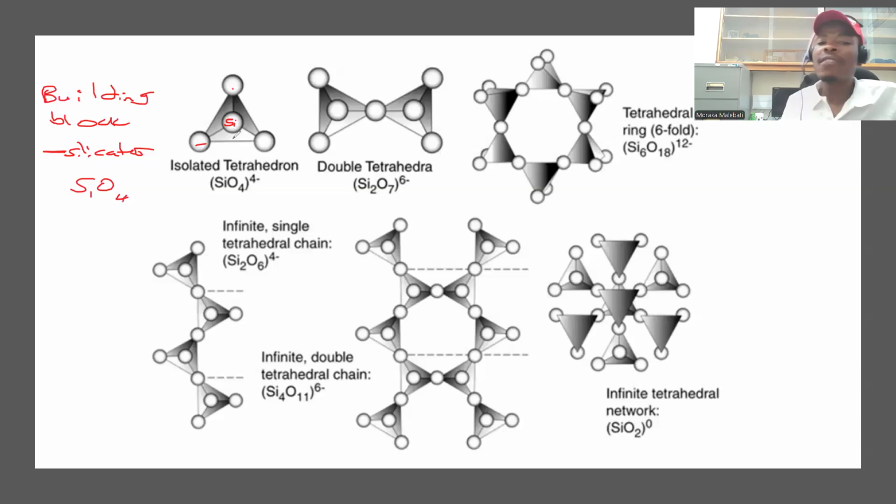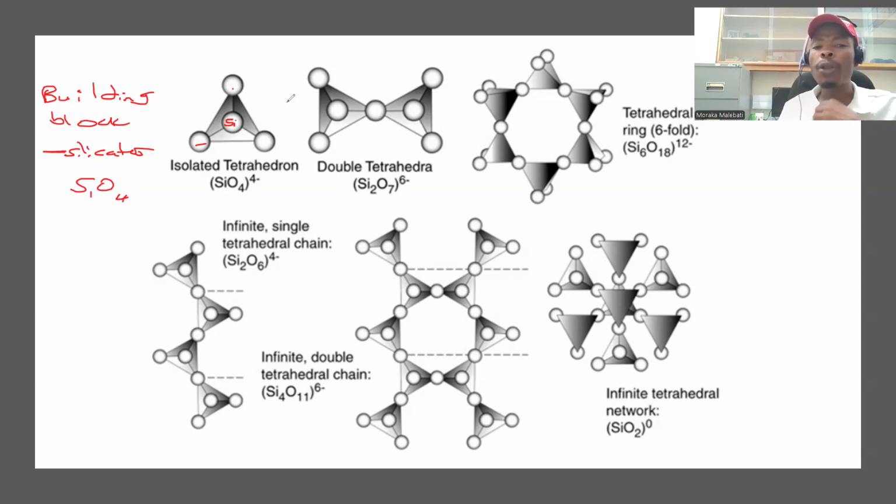But for isolated silicates, it's like the pieces are just scattered. That's why we say they are isolated. They do not bond. They are not linked. For example, olivines and garnets have that.